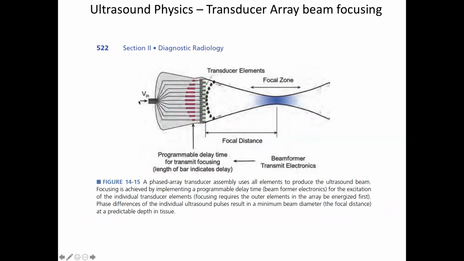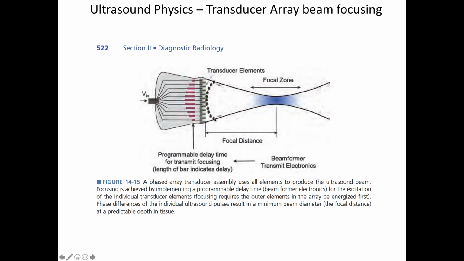So we have essentially the voltage for each crystal being supplied by an independently programmed input. And we'll start this voltage, this expansion, a little bit earlier than this one in the middle.